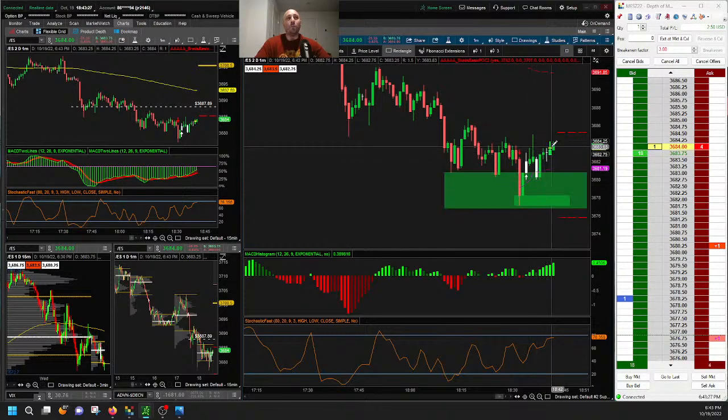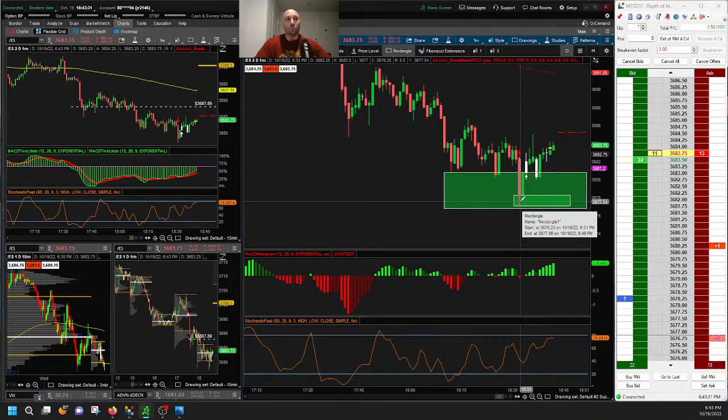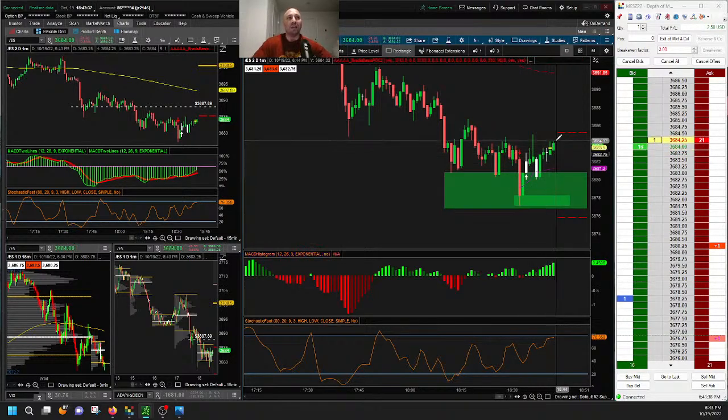When they realize they're all wrong, they're going to have to cover their shorts, aka buy back the market at higher prices. And that's going to help the long traders make more money because it's going to artificially push the market up. So hopefully that helps.